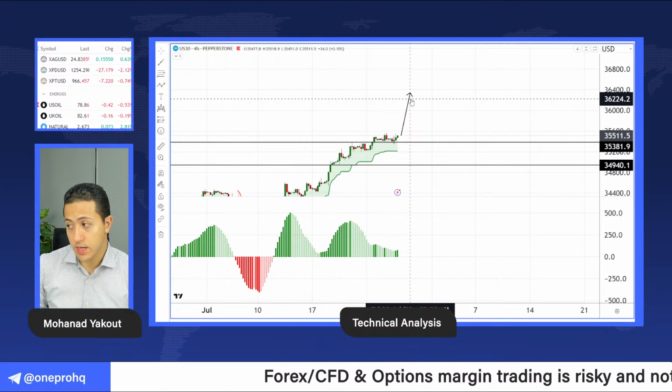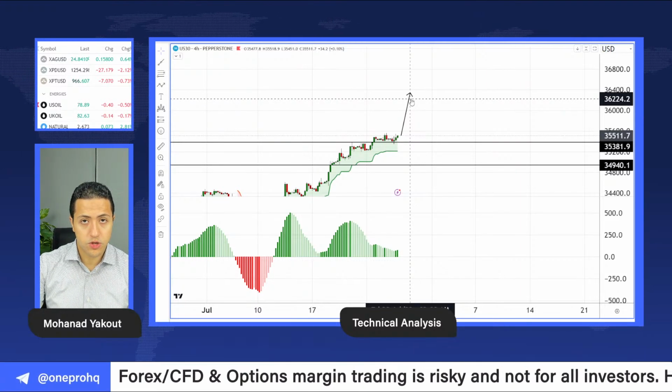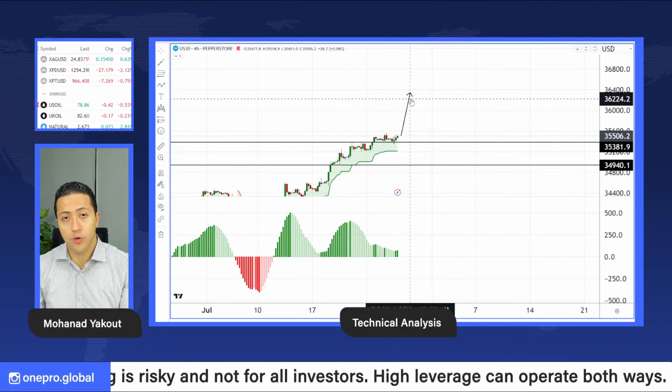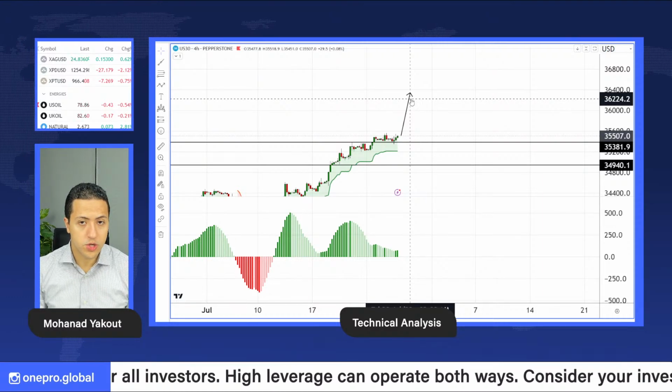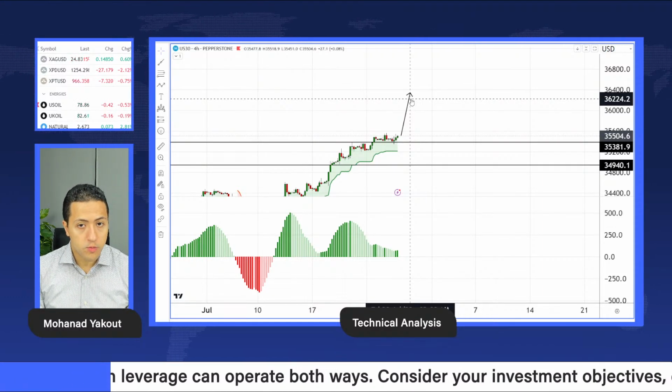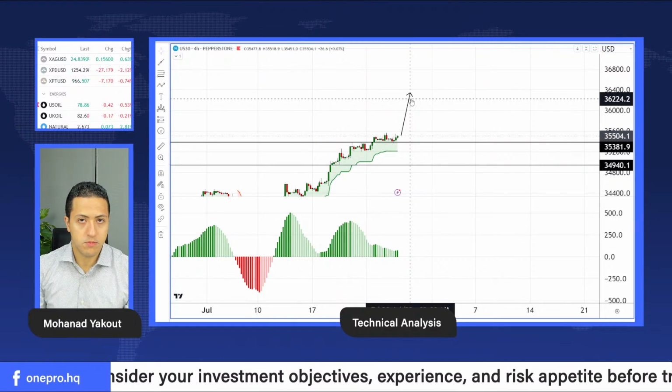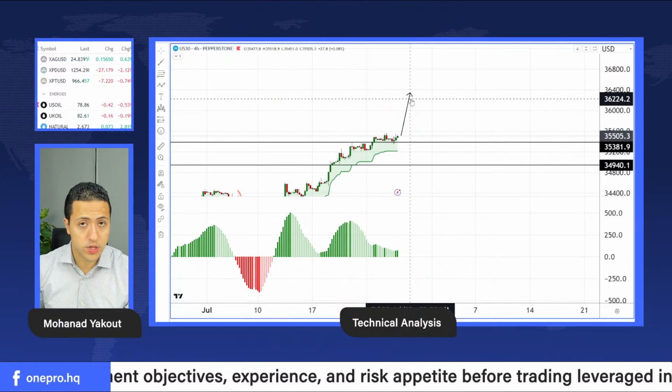Cutting interest rates means that the interest rate on the dollar is lower now, so people will try to invest in other opportunities. The stock market is one of those other options, so it definitely should go higher. A very strong upward move on the Dow Jones is to be expected.